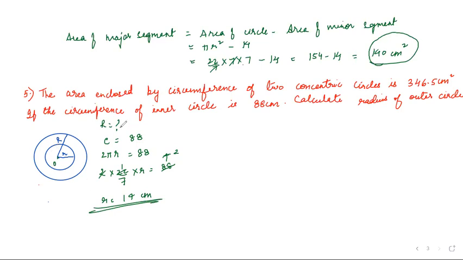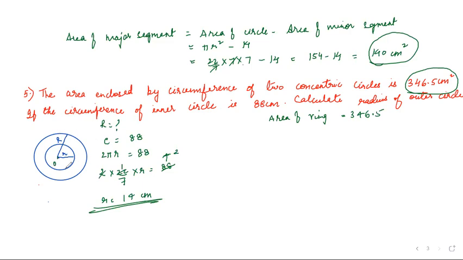But we need to find the outer. We also have one more piece of information, that the area of the ring is 346.5. So generally, what is the area of a circle? It is pi r square.